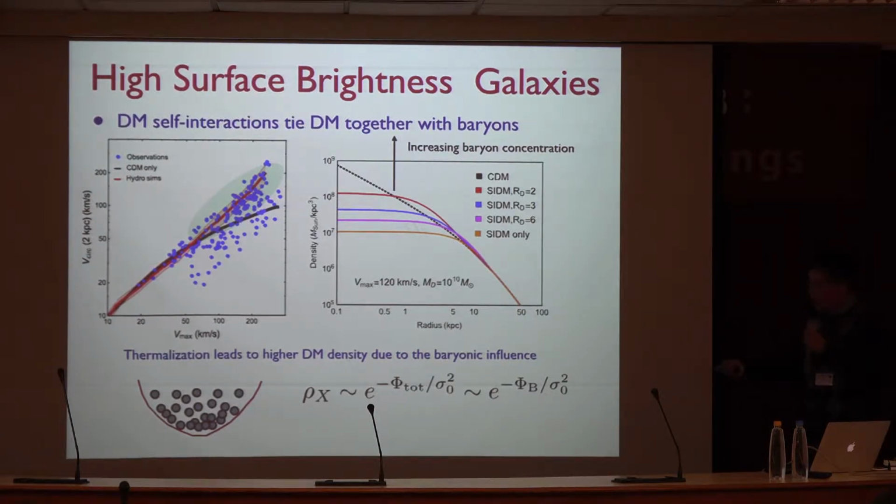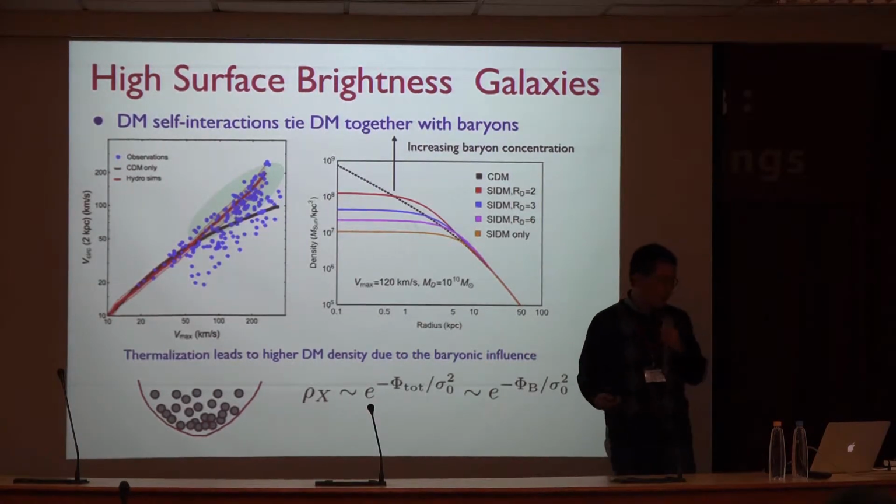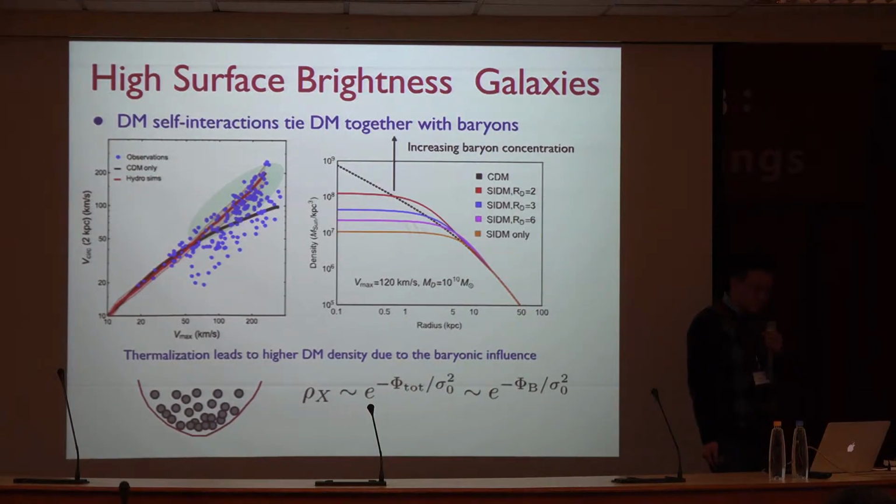So if the radius is small, then the baryon concentration is high. If the baryon concentration is high, the potential well is deeper, and then the potential will attract more SIDM particles. So in other words, the thermalization will lead to a high density profile due to the influence of the baryonic potential.